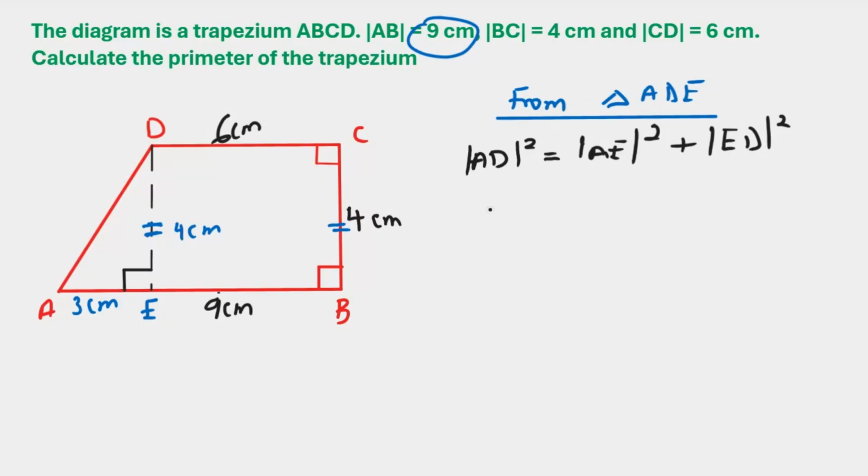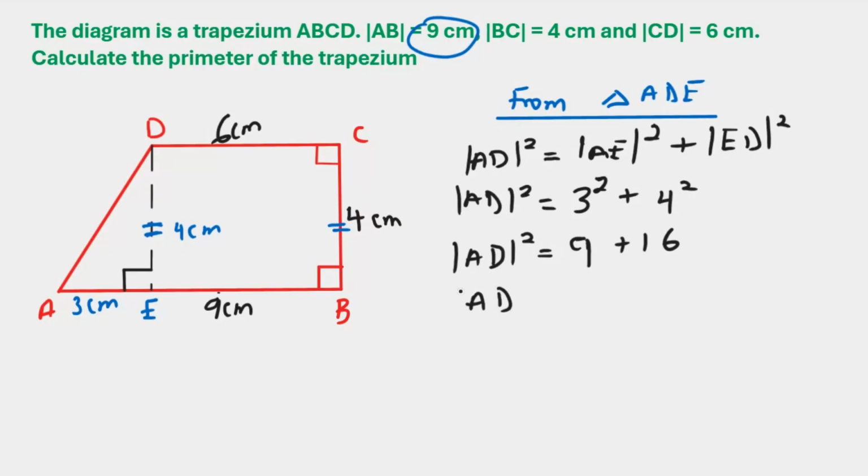So we have to do substitutions. We don't know AD, that is what we want to find. So it's still going to be that. And AE from the question now, it is 3 centimeters. That is this one. So we have 3 squared plus ED is going to be 4 centimeters. So 4 squared. So you have AD squared equal to 9 plus 16.